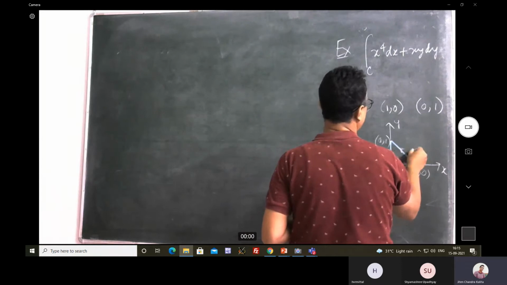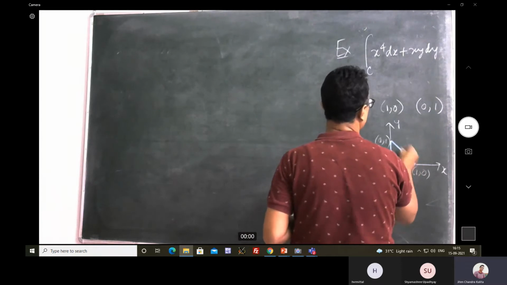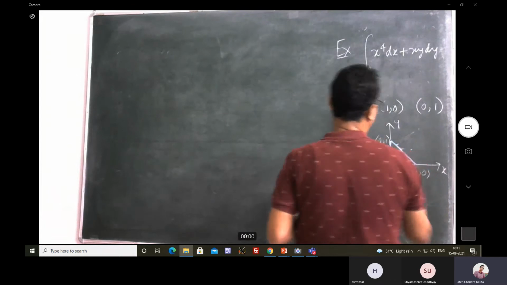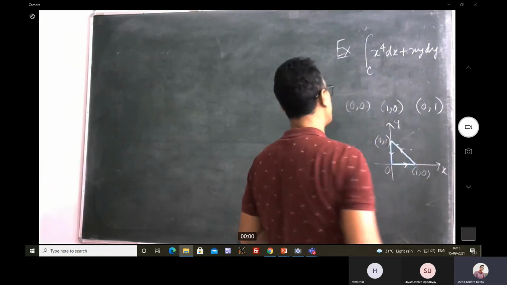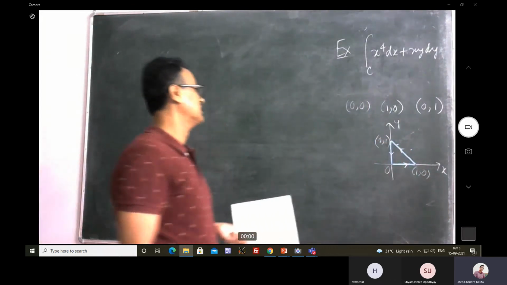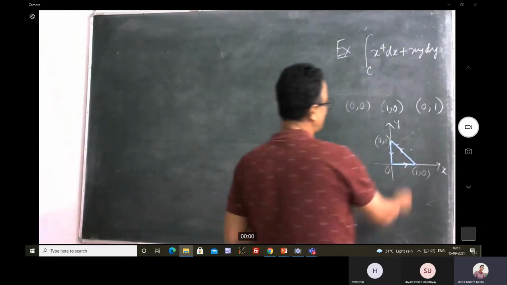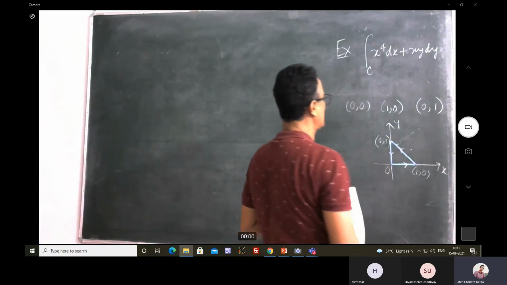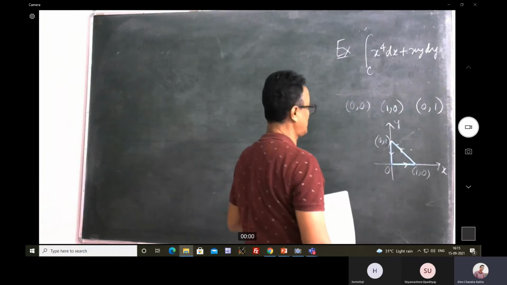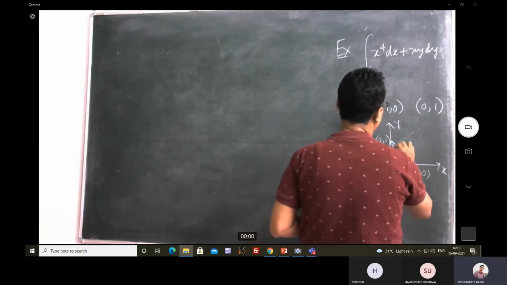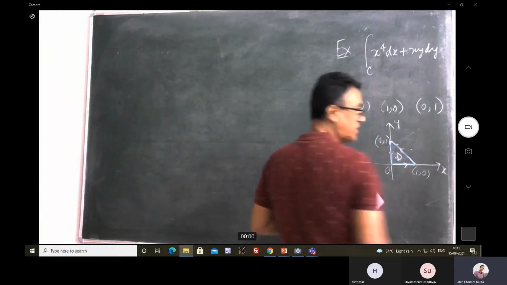The blue curve is C. If I specifically designated one side as C, you might think only that portion is C. And this shaded portion is D.